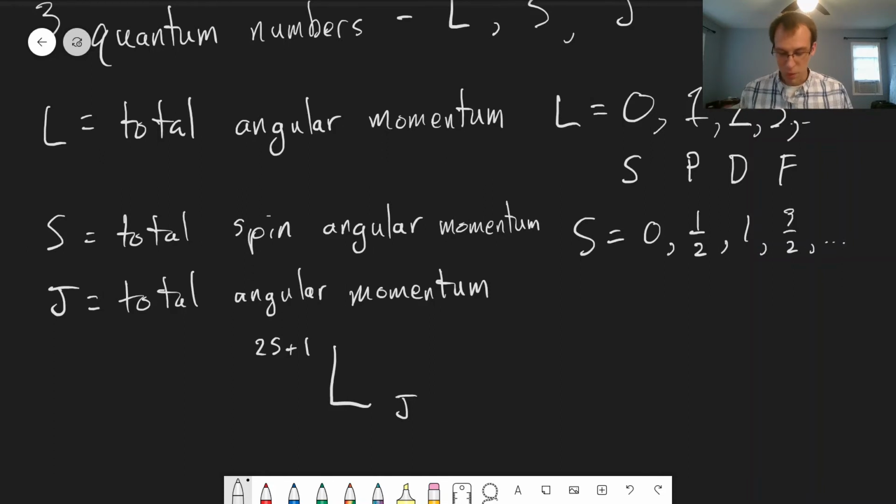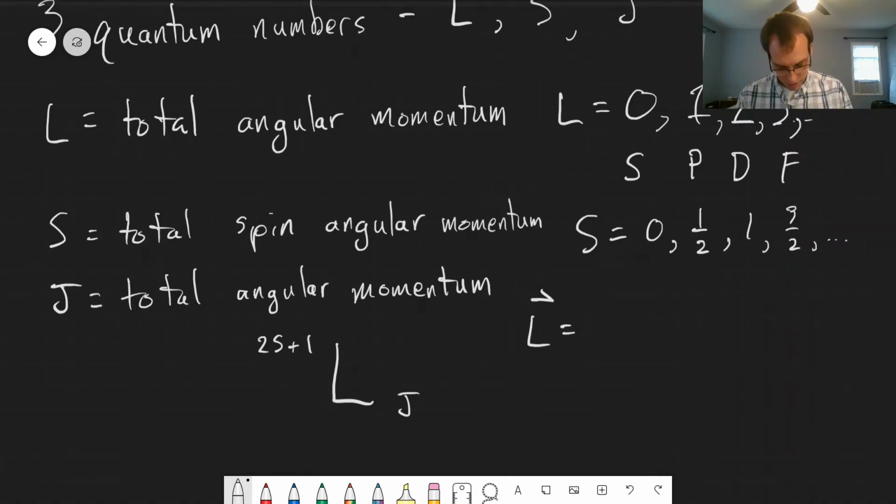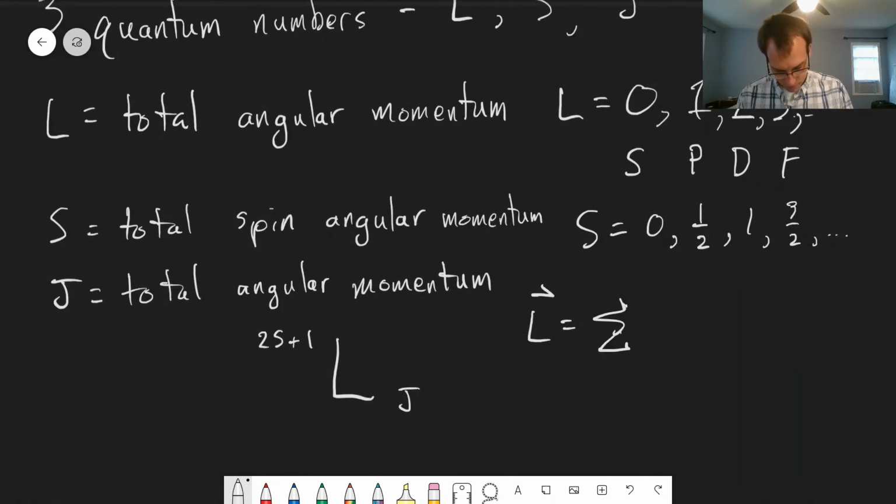We haven't defined what L, S, and J are specifically. We've talked about it in general, but the L vector is equal to the sum over all of our i electrons of the angular momentum of each ith electron.